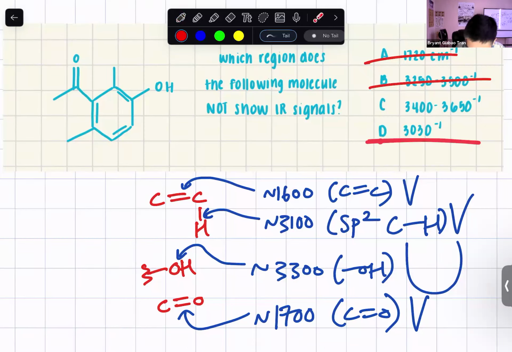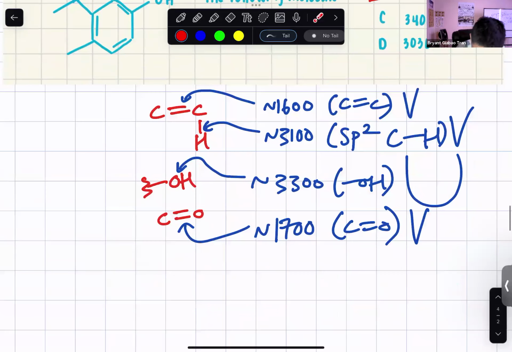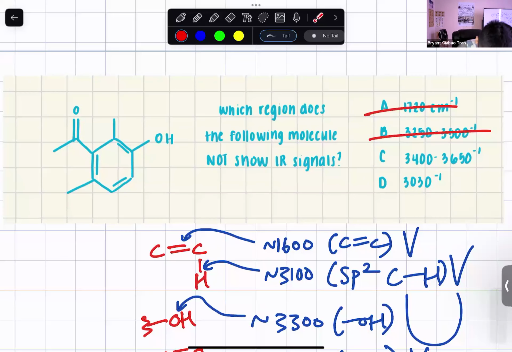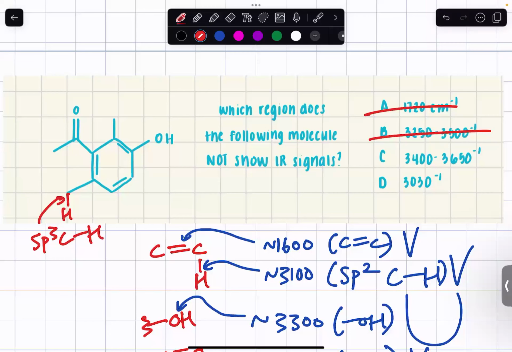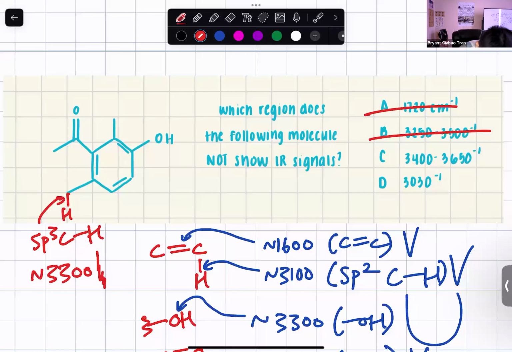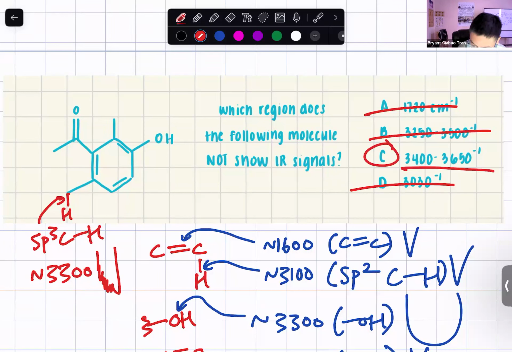The 3000 range, like I said earlier, is almost always going to be there because that's a regular sp3 carbon-hydrogen bond, and it shows up as a jagged peak, and we could cross out D. So the answer would be C, because D is way too high. 3400 to 3650 is way too high.